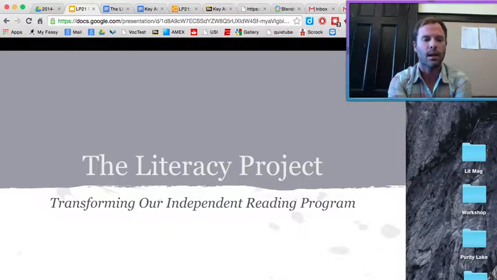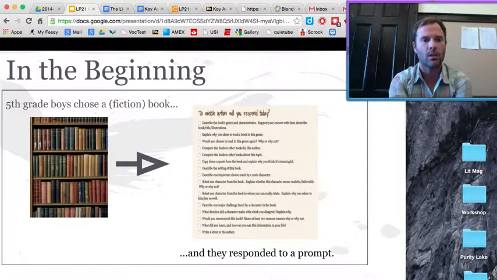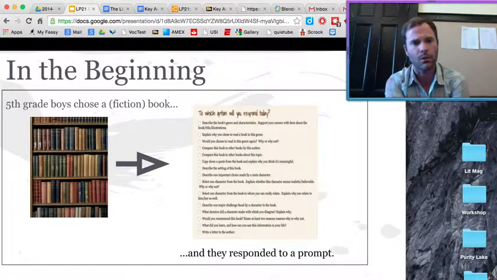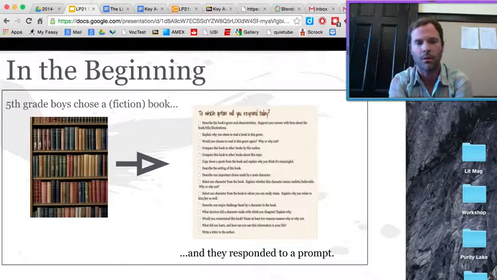Without much time to prepare, and certainly without this class, last year I changed it to look something like this. The boys still chose a book, almost always young adult or juvenile fiction, a lot of series. Instead of filling out that sheet, I brought it online, which, thinking about the SAMR model, was maybe just an augmentation.